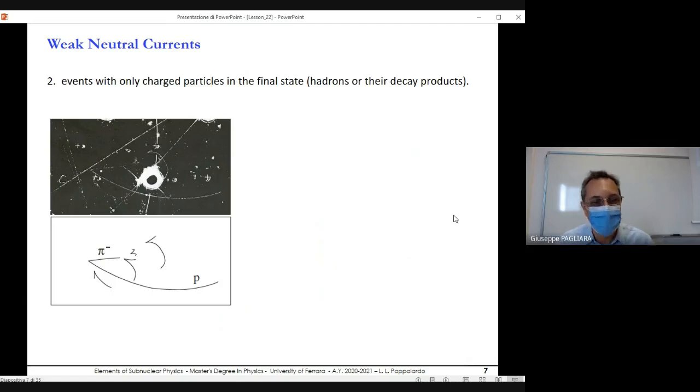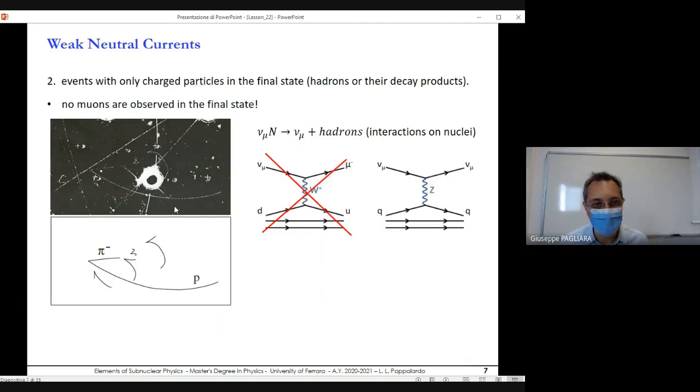And then there was also another category of events with a different topology, like the one you see here in the picture. In this case, from the interaction of a neutrino beam with whatever is in the freon, at the end you obtain essentially only charged hadrons, tracks of charged hadrons. Of course, there are also neutral hadrons produced in between that are not observed in the bubble chamber. So how can we understand this?